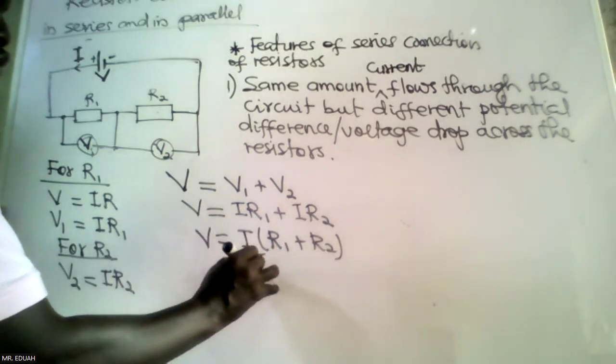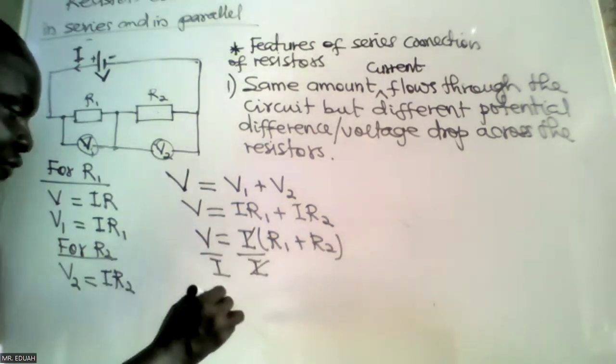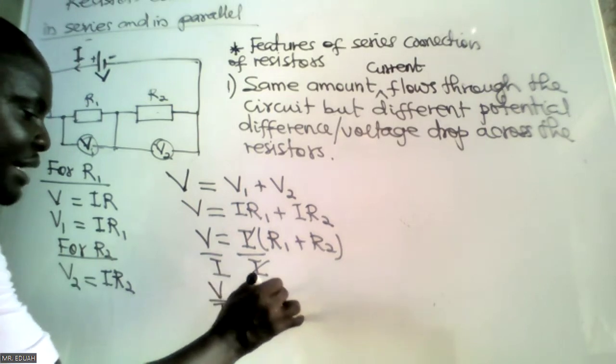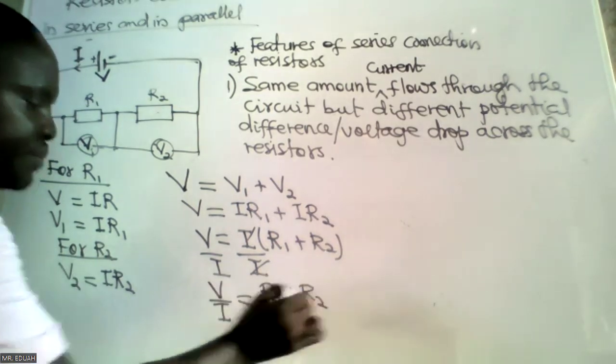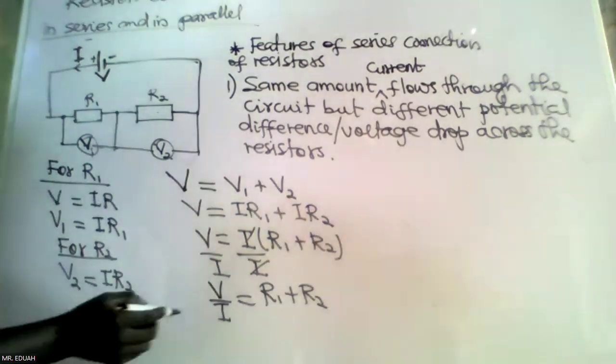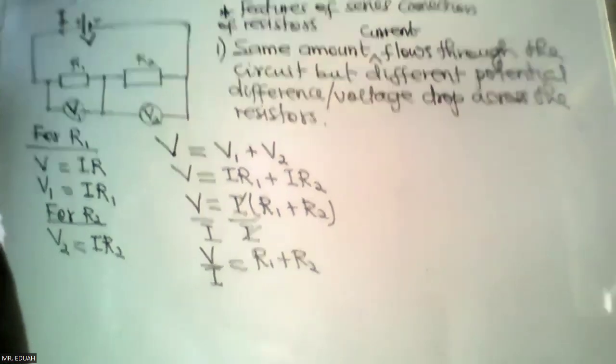When you divide through by I, we have V on I equal to R1 plus R2. From Ohm's law, what is V on I?